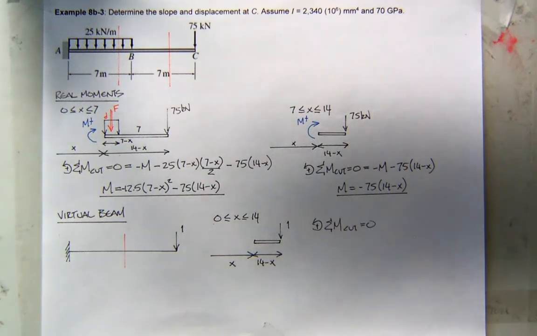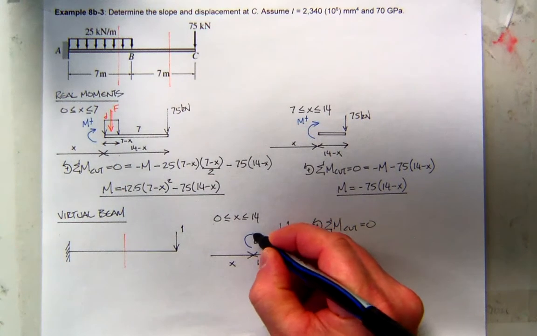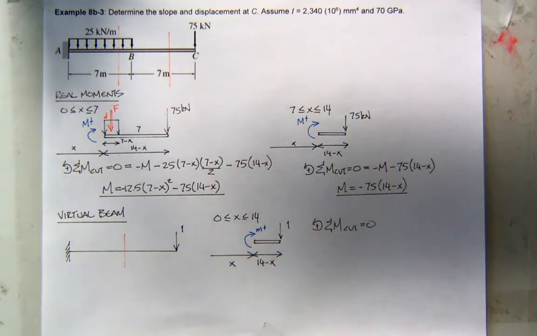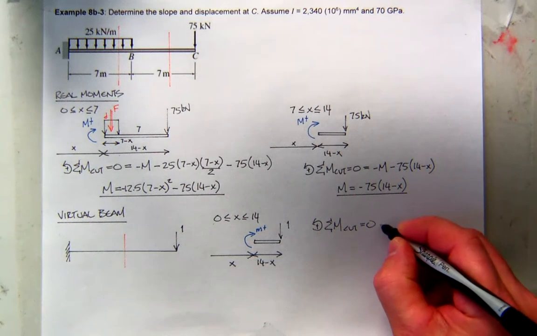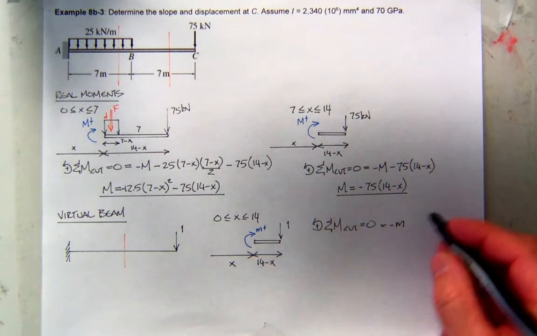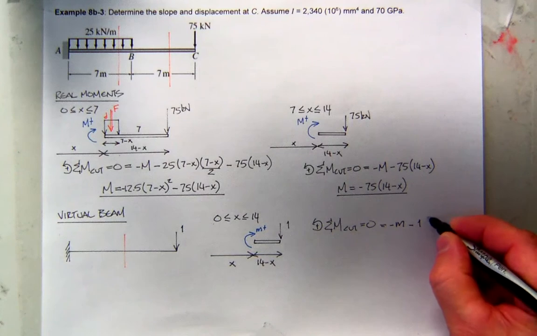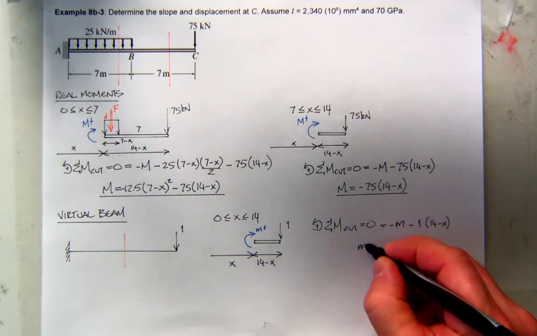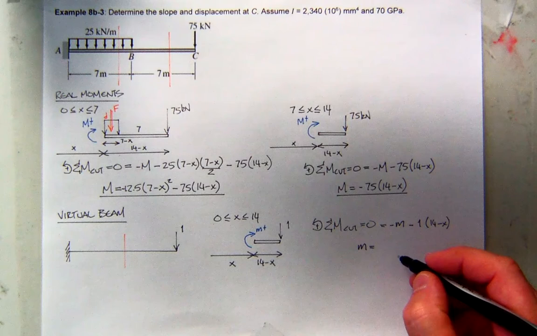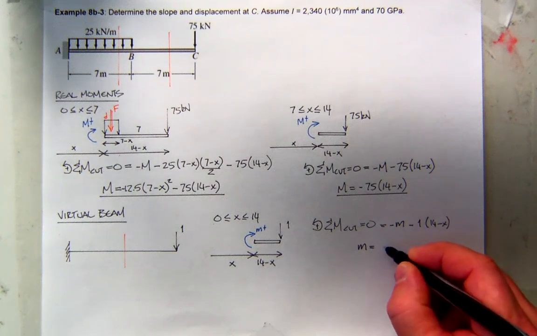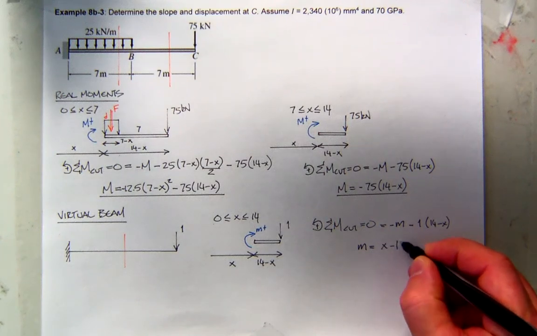I did leave out one thing. I forgot to put in my internal moment. And that's lowercase because it's a virtual moment. So you'll have negative moment, and then negative 1 times the distance, 14 minus x. So again, now my virtual moment is just equal to, this looks like x minus 14.